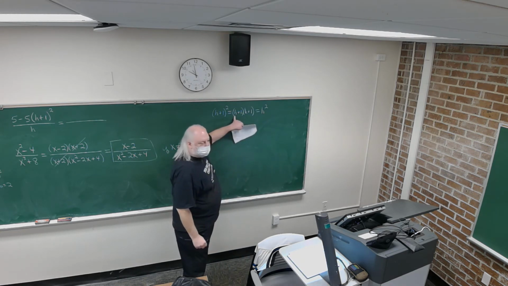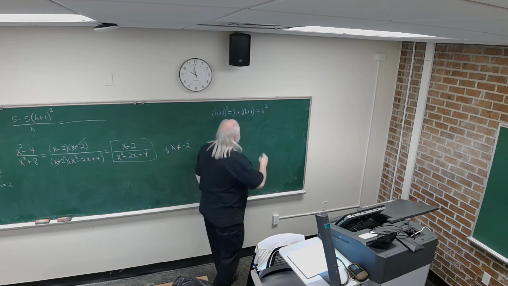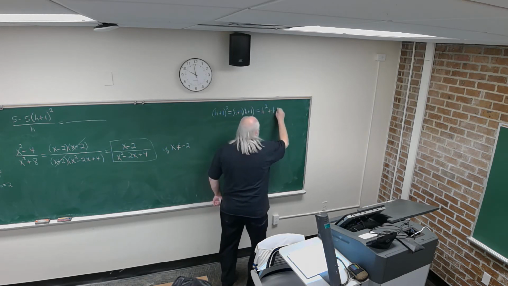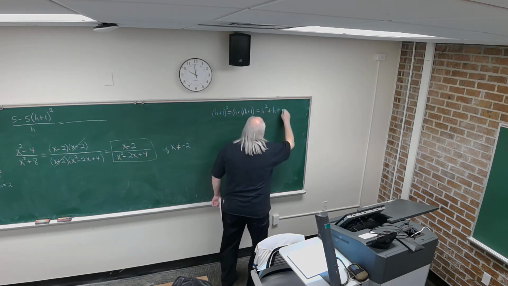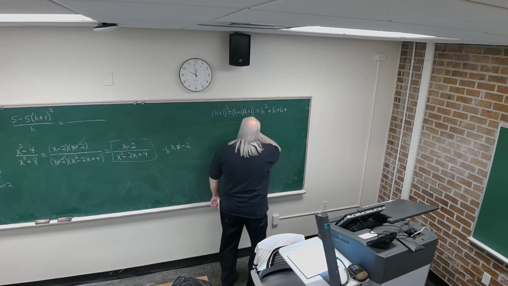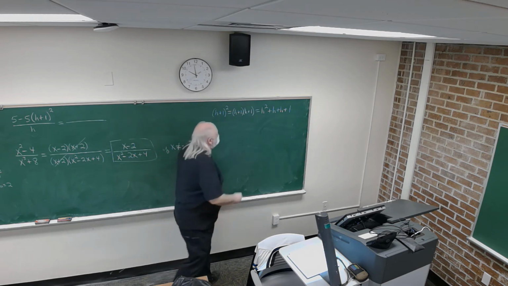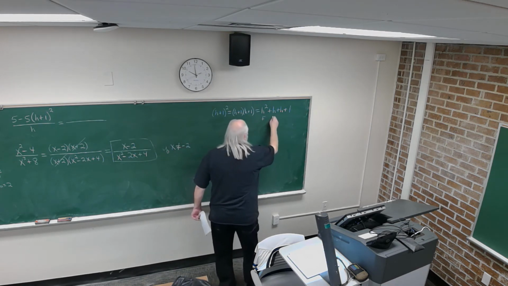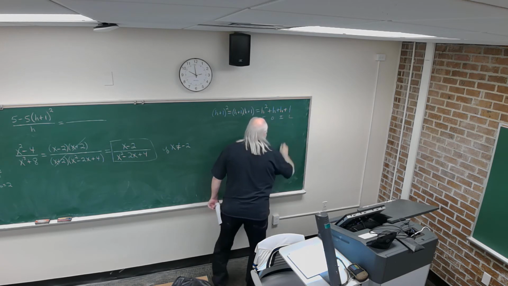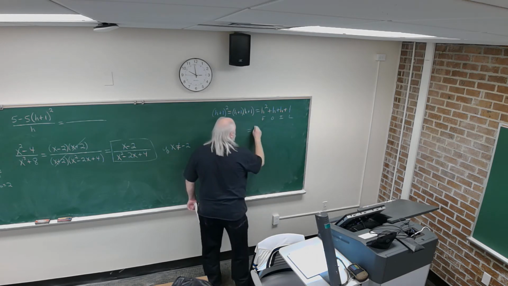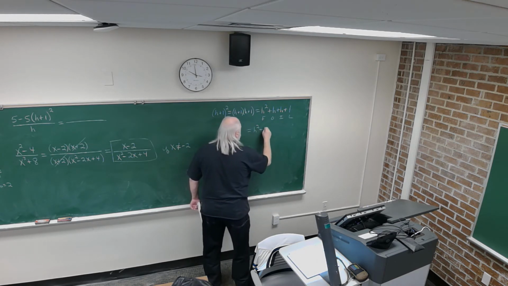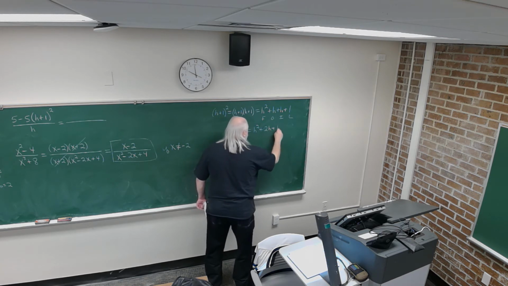The outer terms, h times 1, is h. The inner terms, 1 times h, is h. And the last terms, 1 times 1, is 1. FOIL. And so that simplifies to h squared plus 2h plus 1.